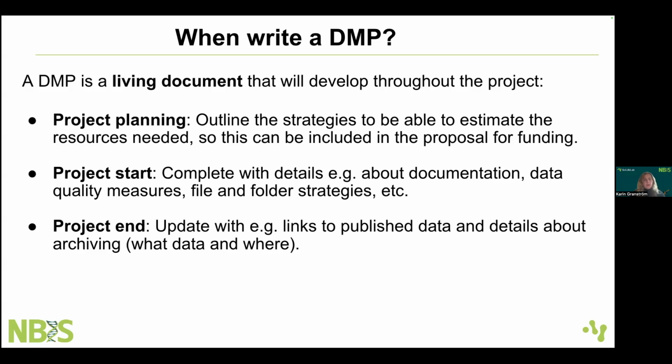At the project start, you can then complete it with more details, for example, about documentation, data quality measures, file and folder strategies, etc. And then at the end, you can update it a final time with, for example, links to published data or details about where and what data you have archived.